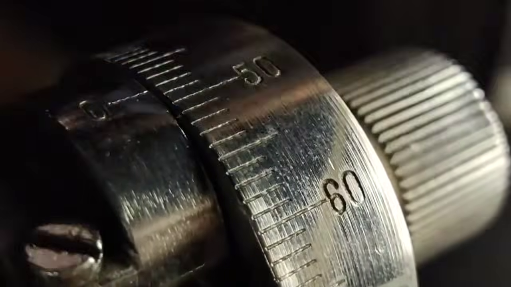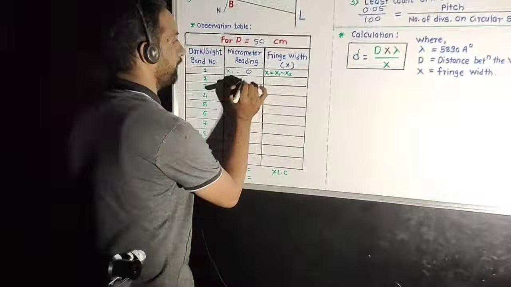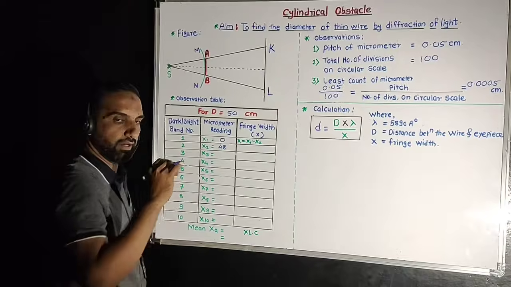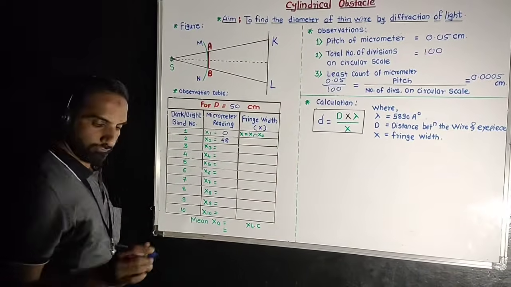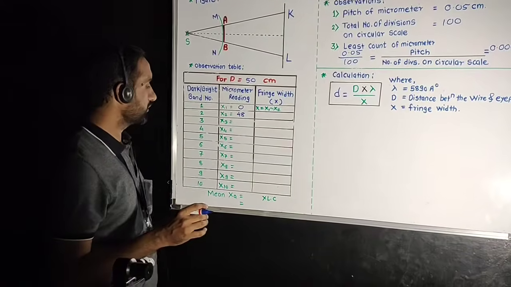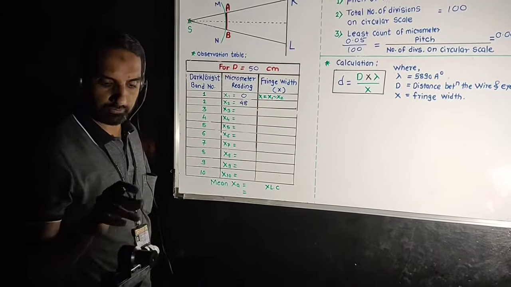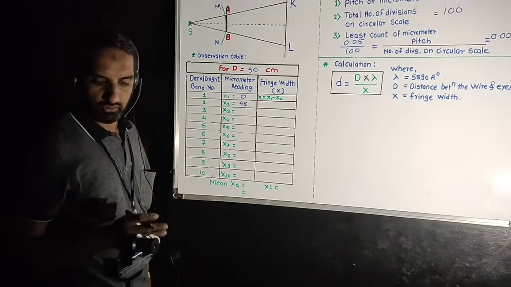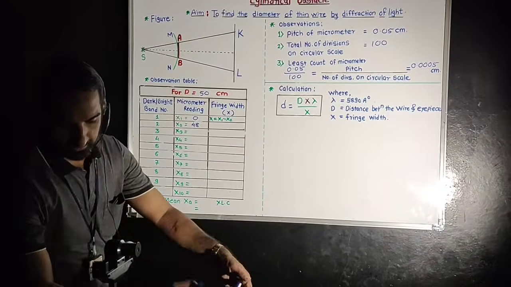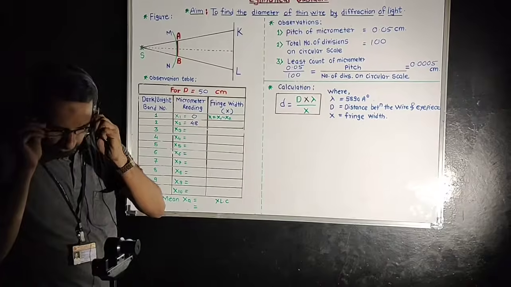I am writing this value of 48 for the second dark band. In this way we have to adjust the crosswire at third dark band with the help of that screw. So I have taken the next readings for the different dark bands such that I am writing these values.